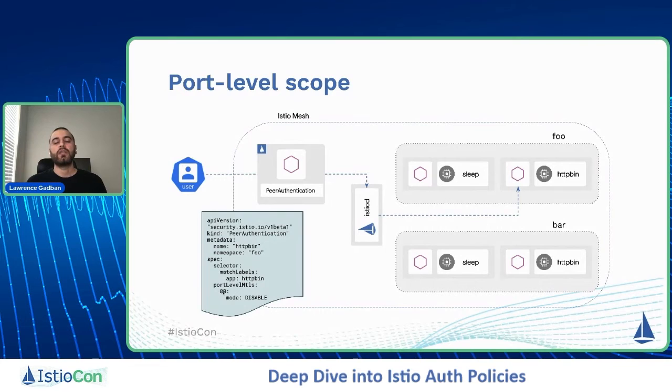If you want to change how the client's behaving with it, you can use what's called the destination rule. So for something like this, if you were disabling port 80 mutual TLS, you may want to create a destination rule that says when I target port 80 on this workload, I want to use some existing set of certs that are not related to Istio mutual TLS, for example.